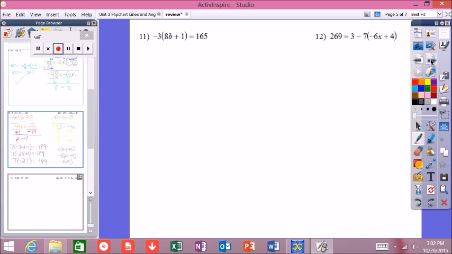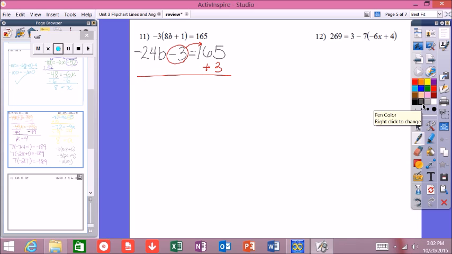Both 11 and 12 have parentheses, so what should we do first? Yes, you can tell I'm already distributing on number 11. Negative 24b minus 3 equals 165. Let's move the minus 3 over by adding 3 to both sides.